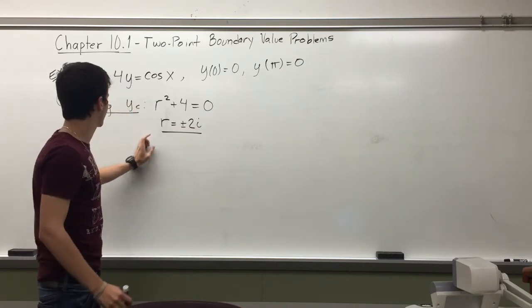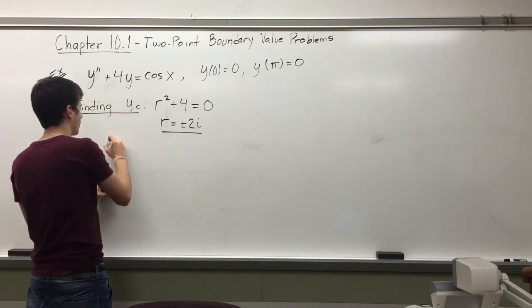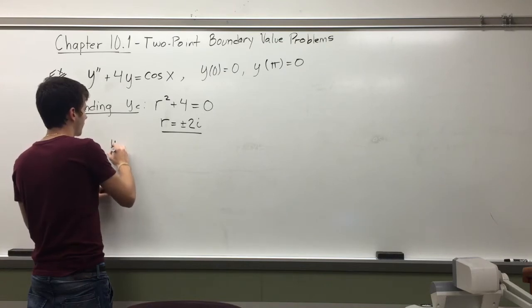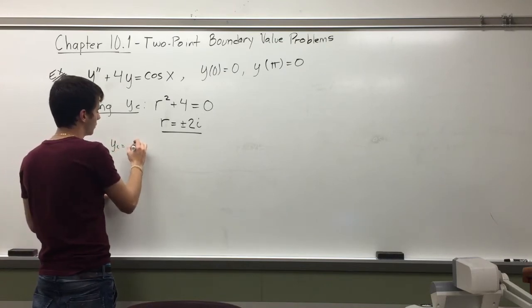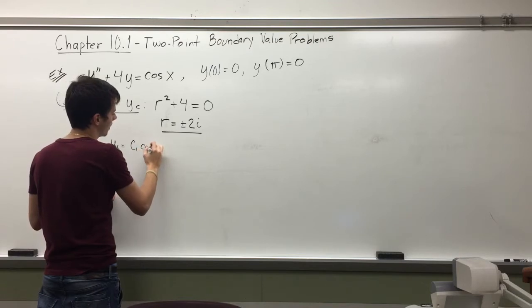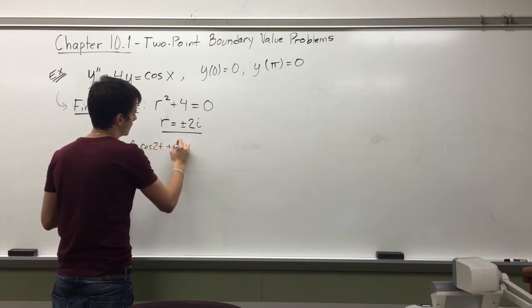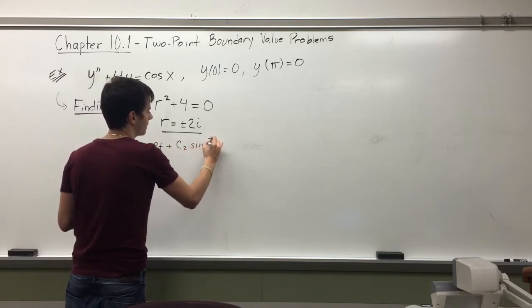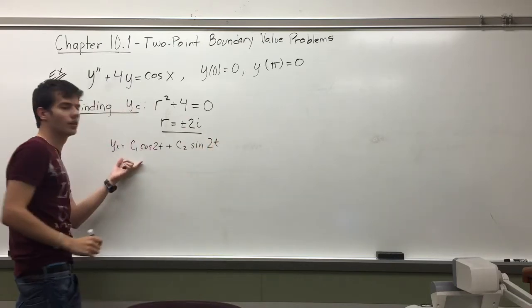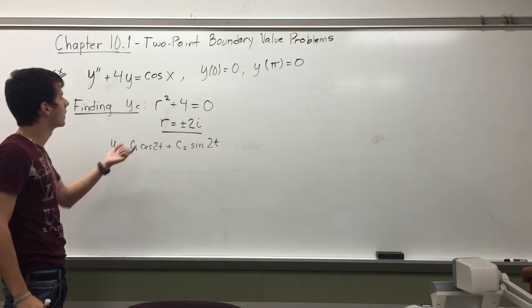Now that we have this, we can write our complementary solution. So y_c is going to be equal to c1 cosine of 2t plus c2 sine of 2t. We have our complementary solution.